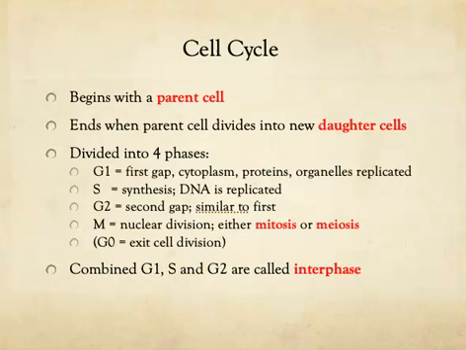It wasn't until the cell moved into the M phase that these early scientists were able to actually see things happening. So they grouped G1, S, and G2 into the term interphase.